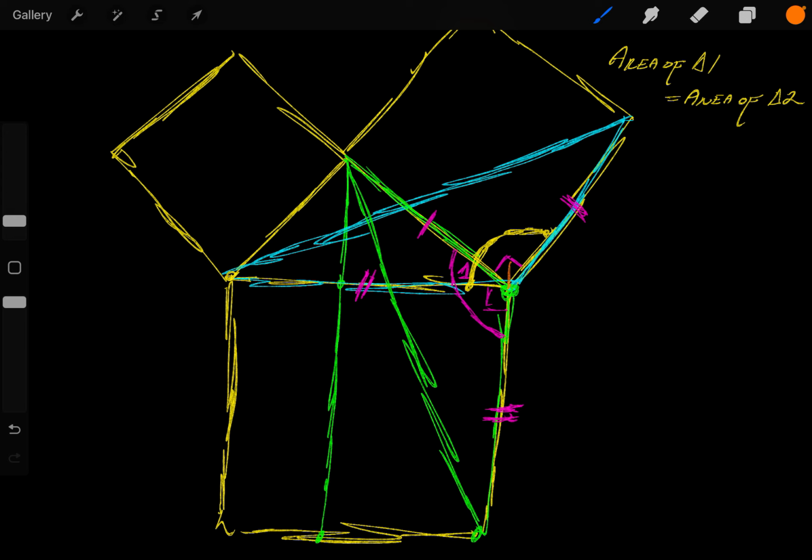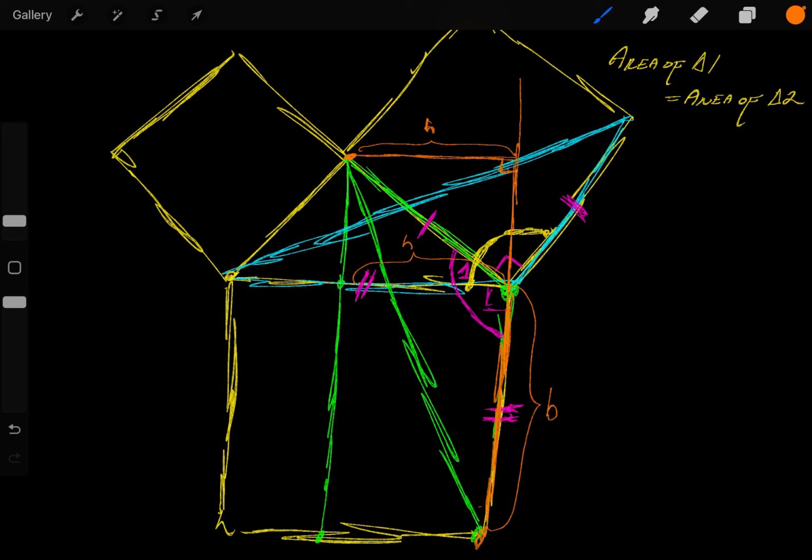If I extend this upward, that line going up, and look at the green triangle, and I draw the altitude from over here, this is some height, let's say h. But we should convince ourselves that that h is the same as this h. If we look at the green triangle, this side that I'm outlining now in orange is the base.